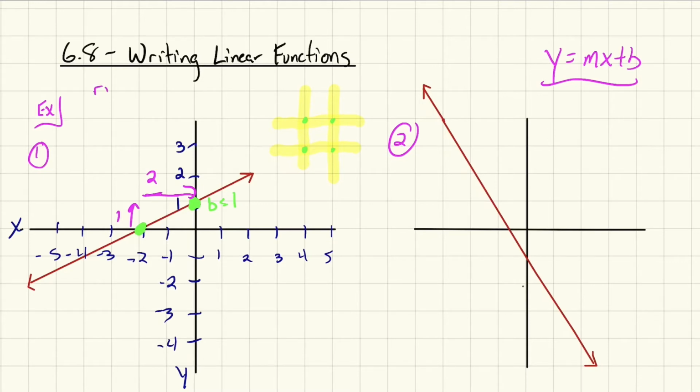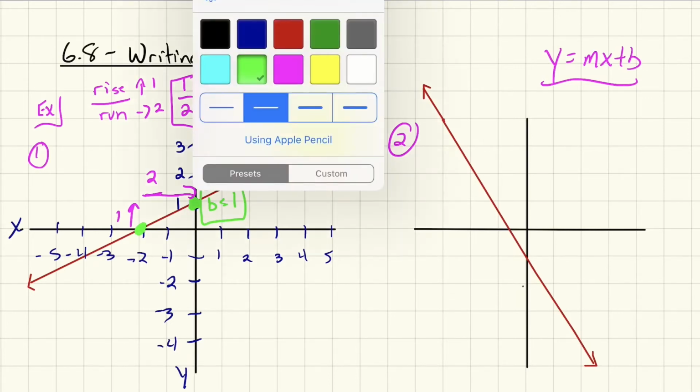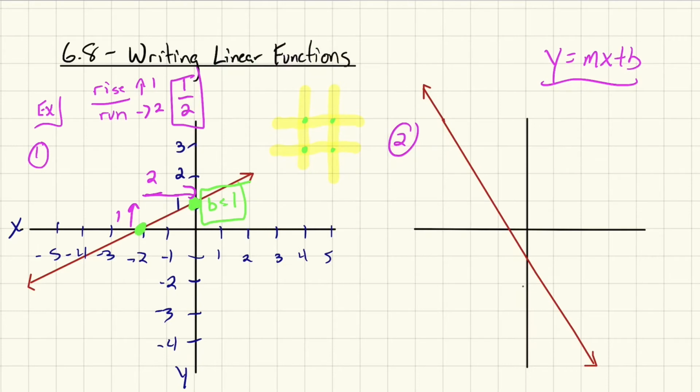Remember that slope is rise over run. So since I'm going up 1 and right 2, those are positive 1 and positive 2, I know that my slope is 1/2. Additionally, going back to where we started, if I know that my slope is 1/2 and I know that my y-intercept is a positive 1, I can now write my equation.